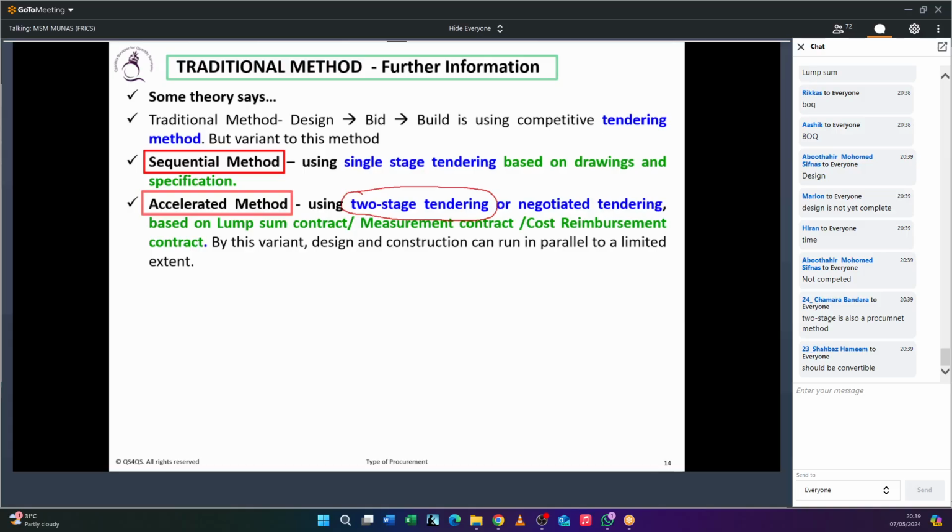Yes. Two stage is one procurement method. So can we bring the two stage under the traditional? You got the idea now what I am saying here? Everybody, you understood or not?